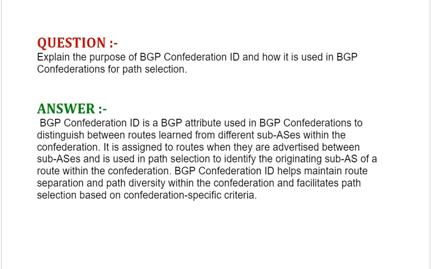It is assigned to routes when they are advertised between sub-ASs and is used in path selection to identify the originating sub-AS of a route within the configuration. BGP Configuration ID helps maintain route separation and path diversity within the configuration and facilitates path selection based on configuration specific criteria.